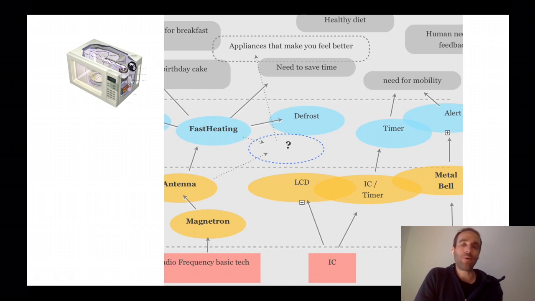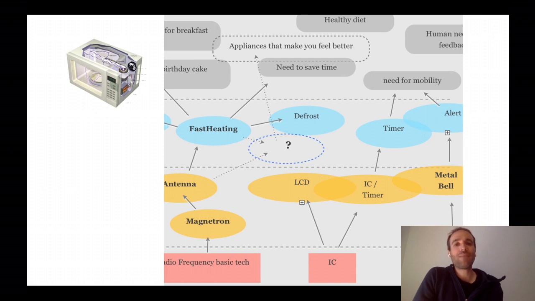Why do people buy a microwave? Well, some people buy because they think they will save time. And this is related to fast heating, right? Waiting 30 seconds instead of 30 minutes to make the milk hot. Cooking, breakfast, sometimes a healthy diet, right?